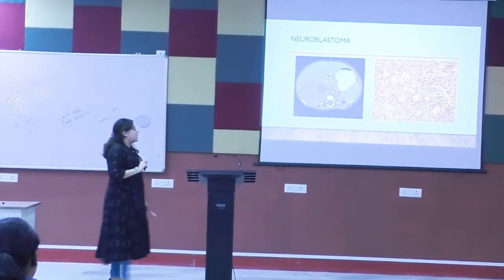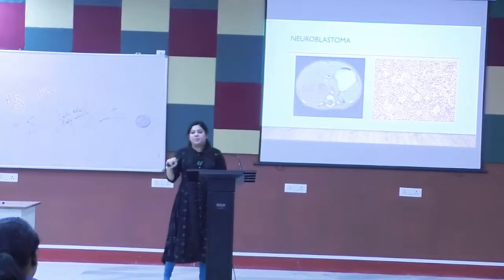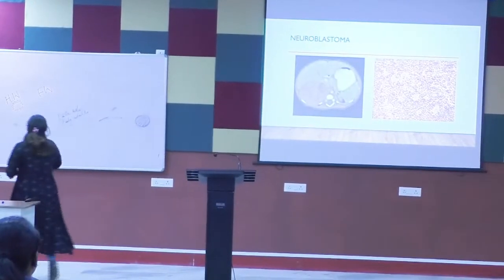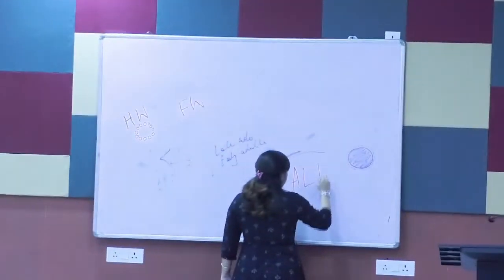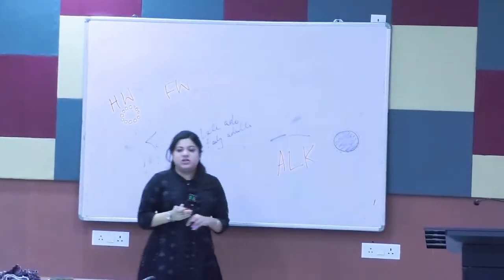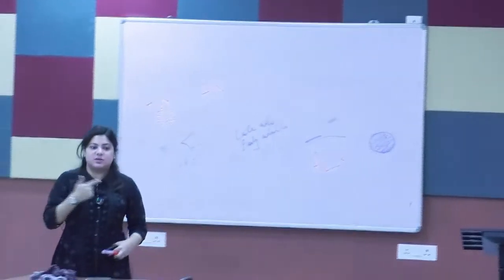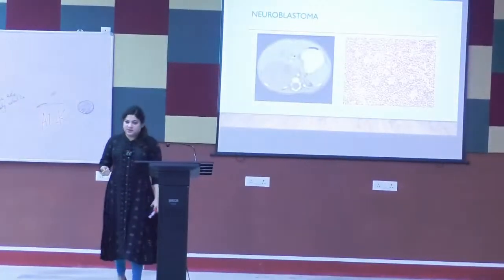Right? And then syndromic association, there is a gene called anaplastic lymphoma kinase, ALK. ALK gene mutation is associated with a syndrome which consists of neuroblastoma, right? They can have chromosomal abnormalities, right?